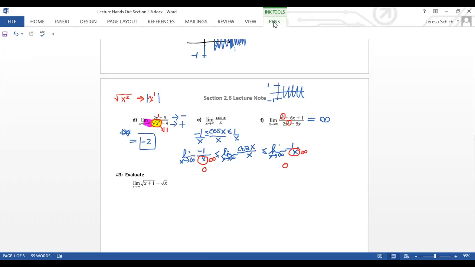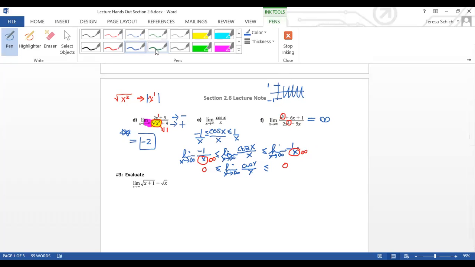Here is 0. So I know my limit as x approaches infinity of cosine x over x will be bounded by 0 and 0.